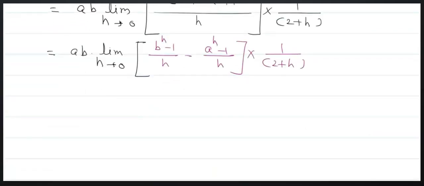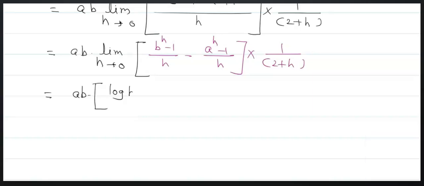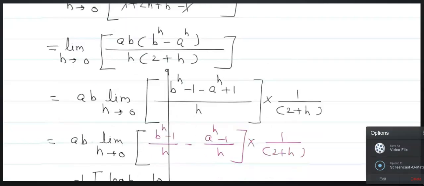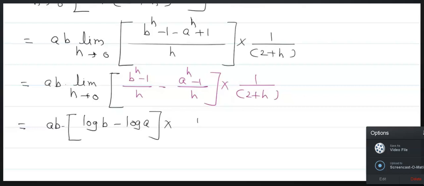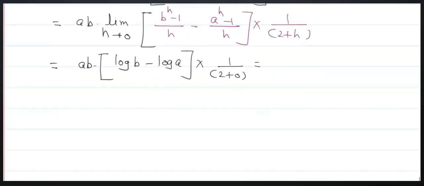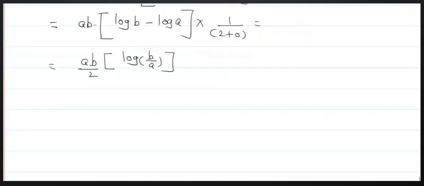Here is h now. ab, first is log of b minus log of a, into 1 upon 2 plus 0. Therefore, ab upon 2 log of b upon a. L is equal to ab upon 2 log of b upon a.